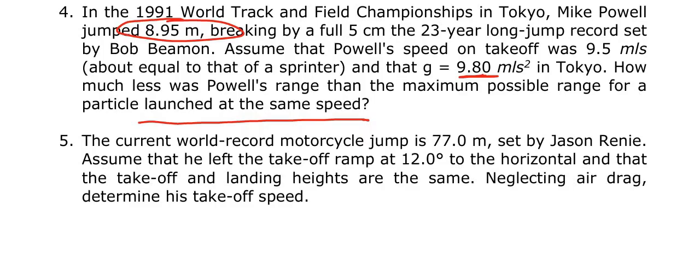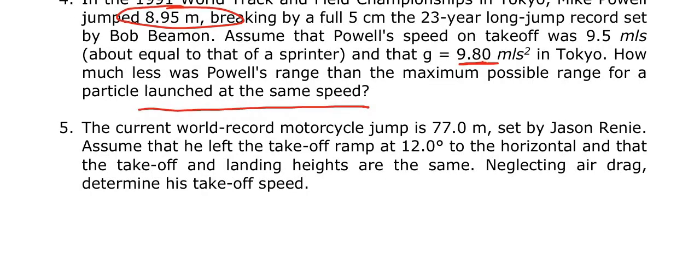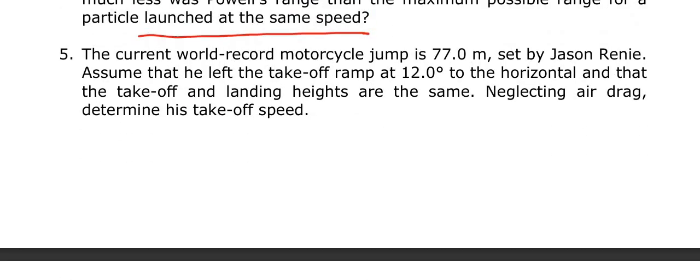Coming to number 5. They're simply saying the current world record motorcycle jump is 75 meters, set by Jason Rainey. Assume that he left the takeoff ramp at 12 degrees to the horizontal and that the takeoff and landing heights are the same.